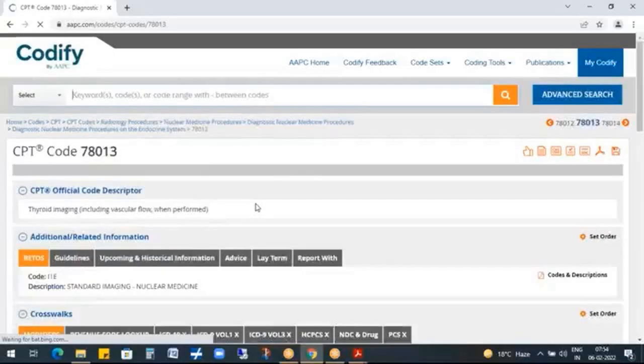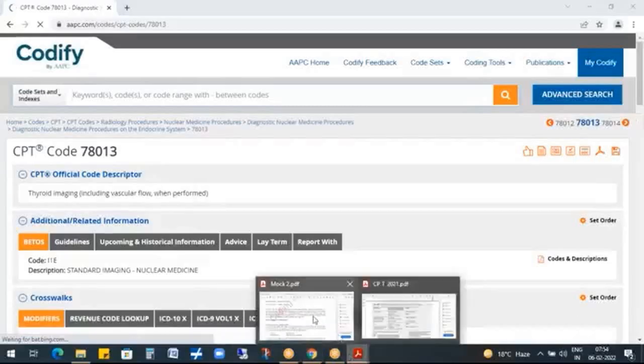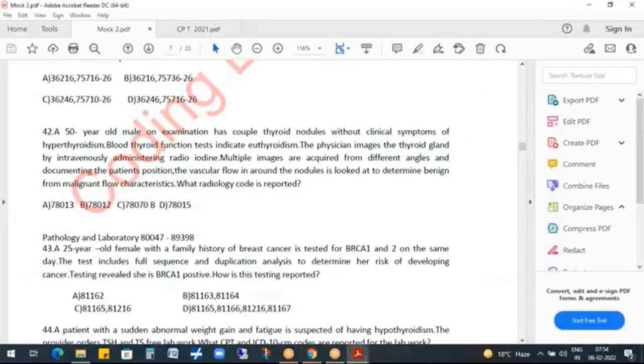Is the patient having malignancy or not? You can tell me first of all. That is why they perform the test, to determine benign or malignant flow characteristics.